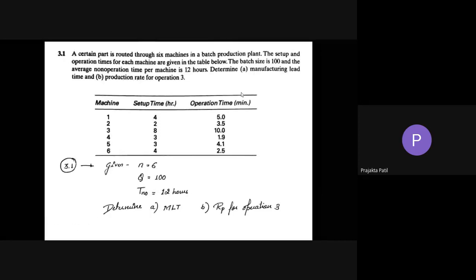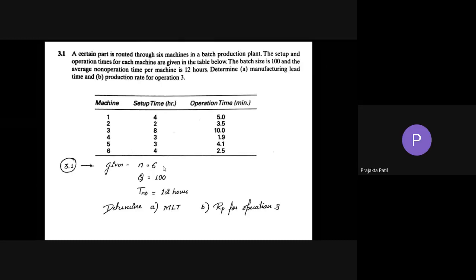Okay. So with respect to batch production, how can you find manufacturing lead time? What is the equation to find manufacturing lead time? From this problem statement, we know what is N naught. It is the number of operations through which the work unit has to be routed.